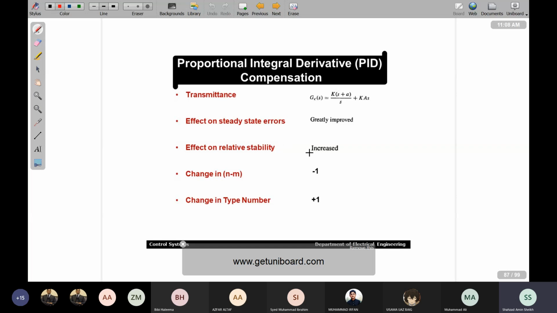The effect on the relative stability is increased as well. The change in n minus m, as we are introducing two zeros and one pole, would be minus 1. And the change in type number is very important: the type number of your system increases by 1 because of this pole. So in this case your performance is improved both in steady state error terms and in relative stability terms.